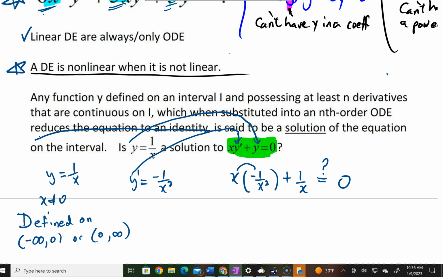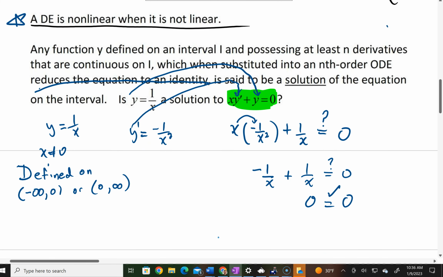So what is x times negative 1 over x squared? It's negative 1 over x. And negative 1 over x plus 1 over x, what's that? 0. 0 equals 0.